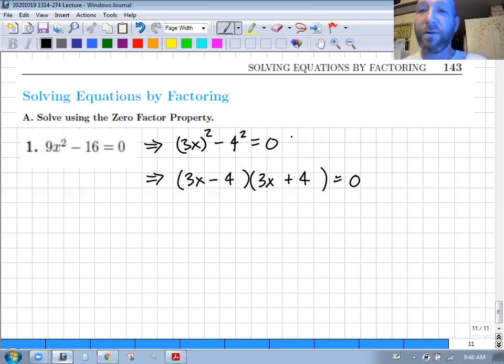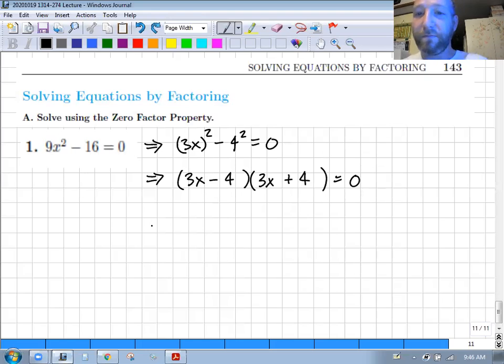All right, we're given a whole equation and we're factoring in order to solve it. See, that gives us our 9x squared. That gives us our negative 16. And then we got a positive 12x, negative 12x. So the x terms go away. So there are no x terms in here.